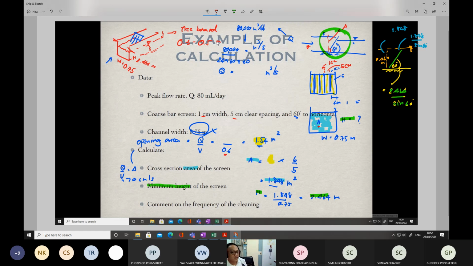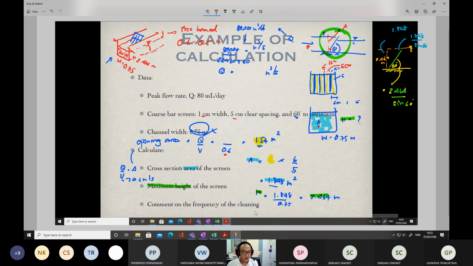But anyway, whatever values we obtained from the calculation are just the water width and height, not the actual channel size. So just keep that in mind. So if I ask you to decide, sometimes you have to leave some space for the freeboard.